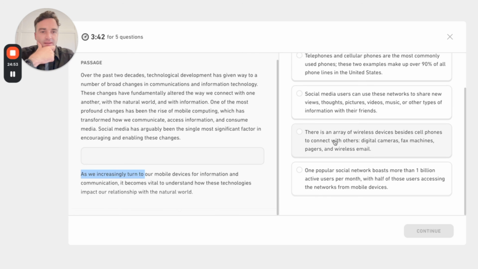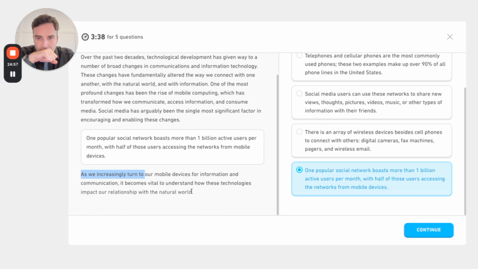Definitely not number 1. Definitely not number 3. So I'm going to go for number 4. Social media has arguably been the single most significant factor in encouraging and enabling these changes. Then an example of what social media is, and also has about an idea of mobile devices. Here it kind of introduces that idea, and then the last part of the passage is about mobile devices. So I'm going to go for that.